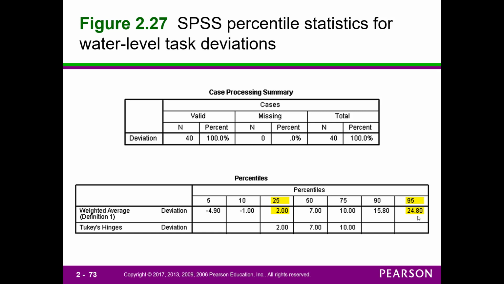Our interpretations are as follows: 25% of the 40 deviations fall below 2, and 95% of the deviations fall below 24.8.